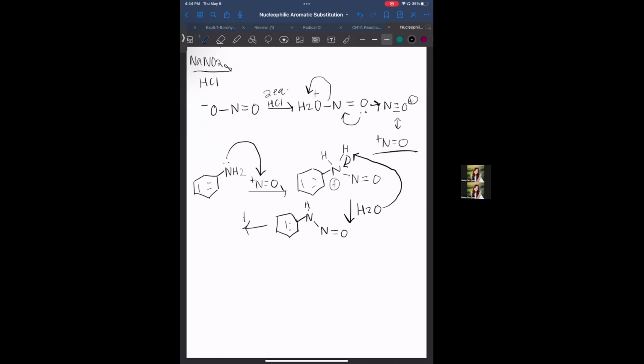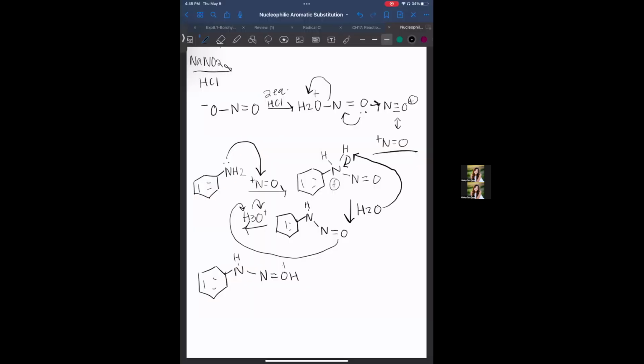And so our H3O+ in solution is going to protonate this oxygen. And that's going to leave us with our N with an H, oops, no positive charge there, bonded to an N, double bonded to an OH.